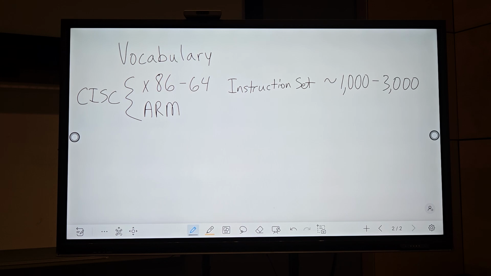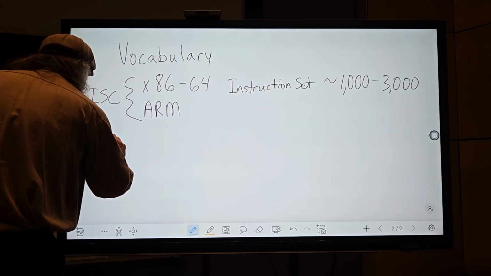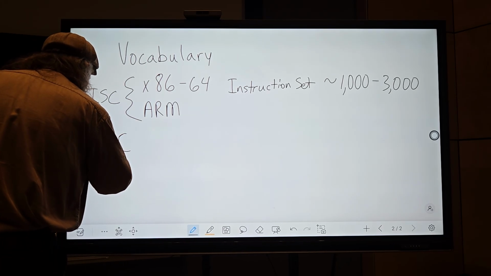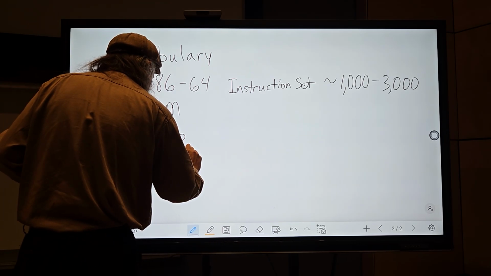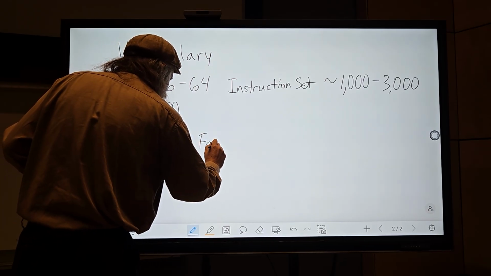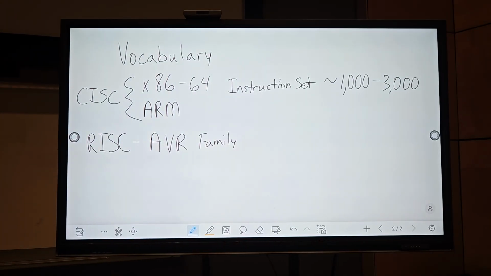For RISC processors, like the AVR family, if you're familiar with Arduino, they use AVR processors. This is an AVR processor here, this little black square here on this board. They're a reduced instruction set computer.